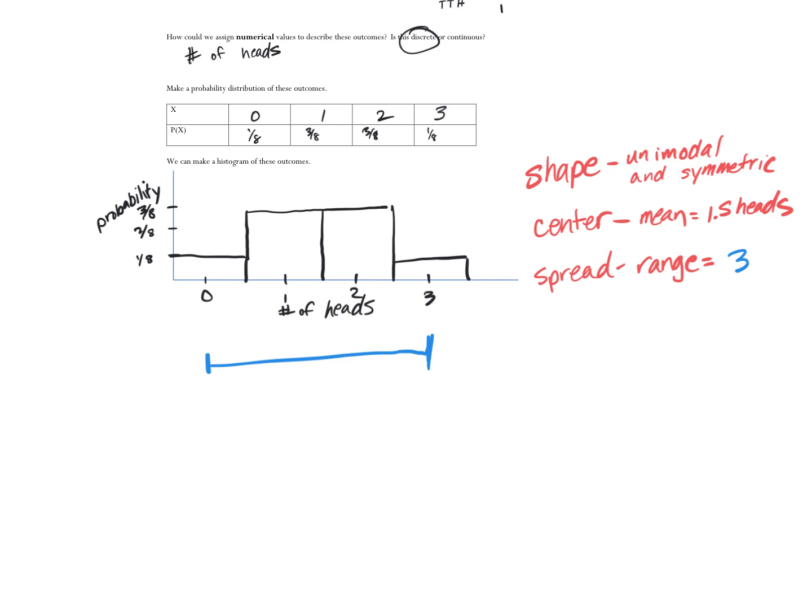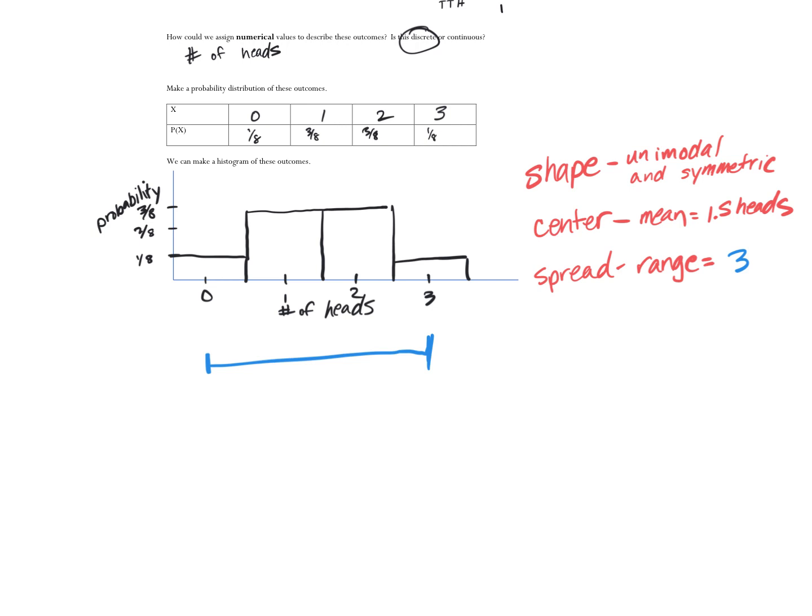So the connection I'm really hoping we are starting to make is that when you have one of these random variables where we have numerical values with different probabilities, what we actually have is a distribution. And if we have a distribution, we have a shape, a center, and a spread, just like we did before, just like we would with a real sample of data.